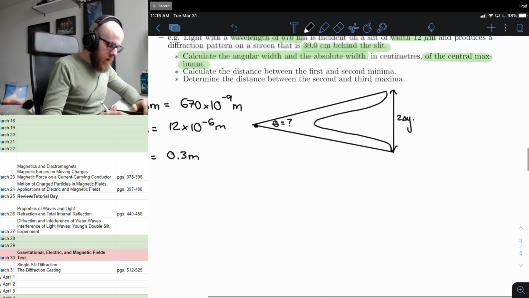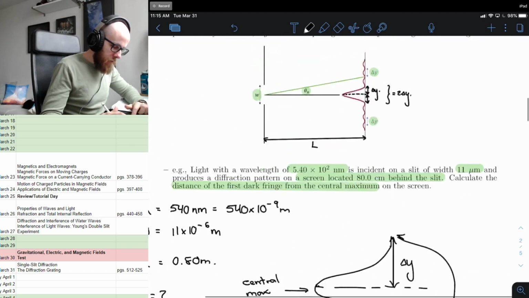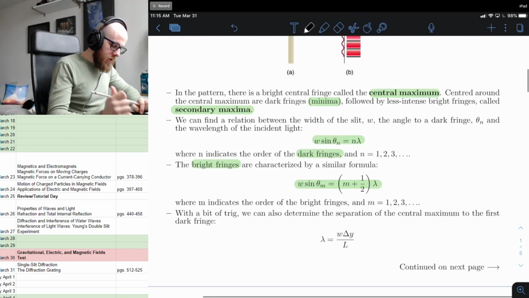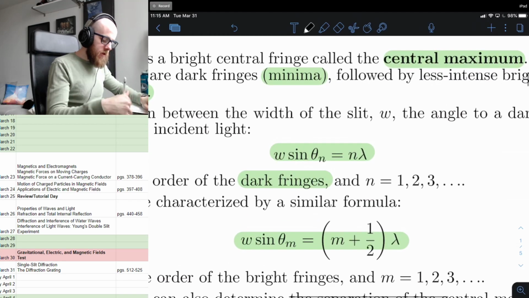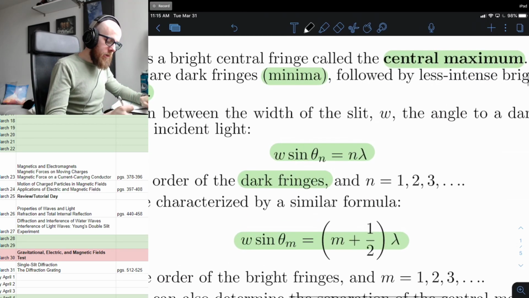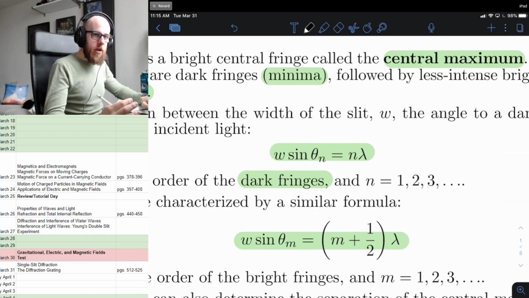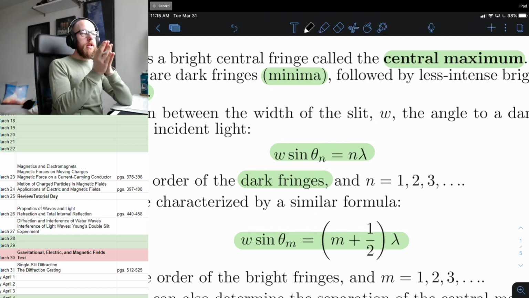Okay. So again, going back up to my formulas here, I know that the dark fringes are given by this formula right here. So W sine theta n equals n lambda. All right. And if I'm considering the angular width of the central maximum, what I need to do is take the first dark fringe on either side, right?